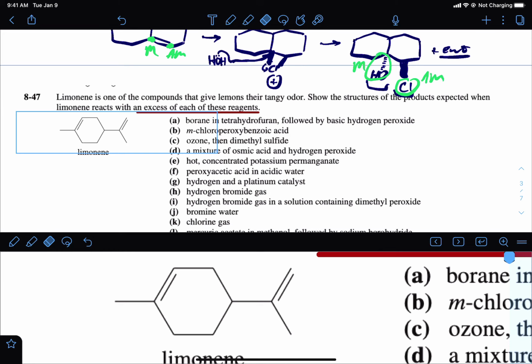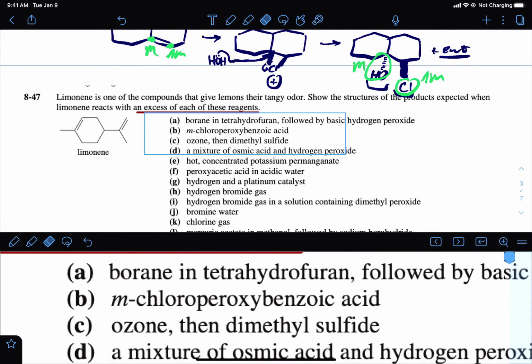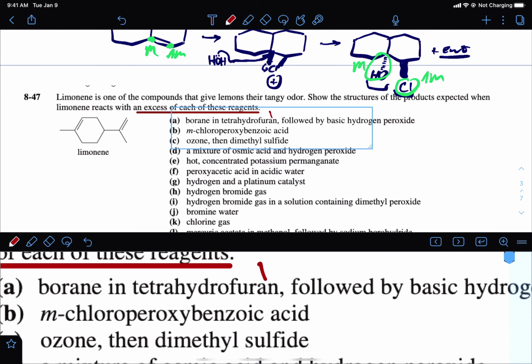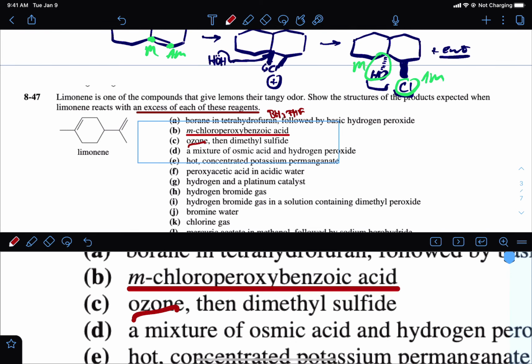But all of these reactions are ones we've covered before. Okay. This borane and tetrahydrofuran, this was the BH3 THF reaction, which was anti-Markovnikov hydration. MCPBA was epoxide formation. Ozone, cleaving the double bonds and leaving aldehydes.